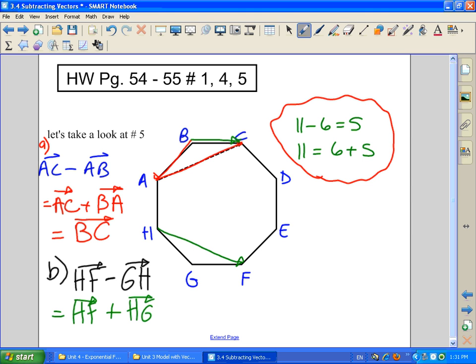If I'm going to add, my fault, let me make sure I've got things written down here. I apologize, I've got the wrong question part written down. Let's back that up. It's GF, not GH, so my fault. Sorry, guys.